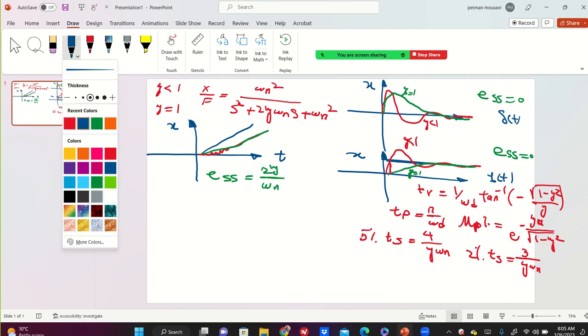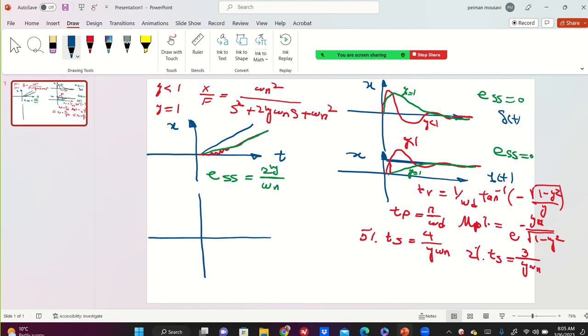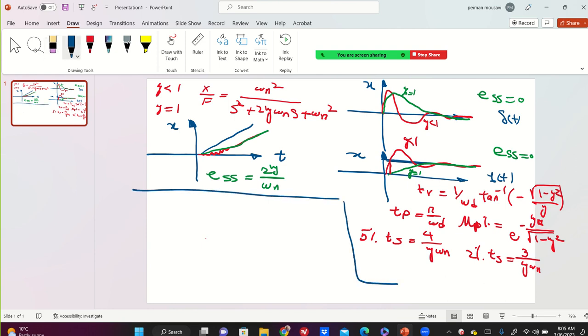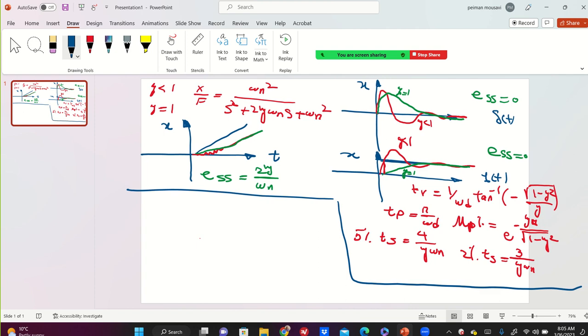And finally we did the parabolic input. Again, for the under-damped system we have oscillation like this. Actually, did we do this? No, we didn't. Oh yeah, we did, I'm sorry.